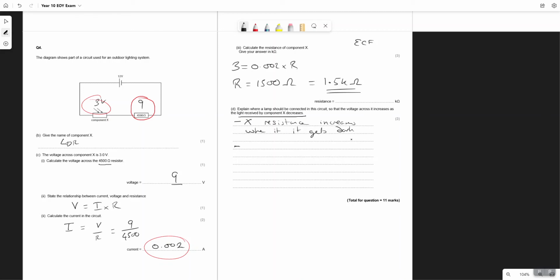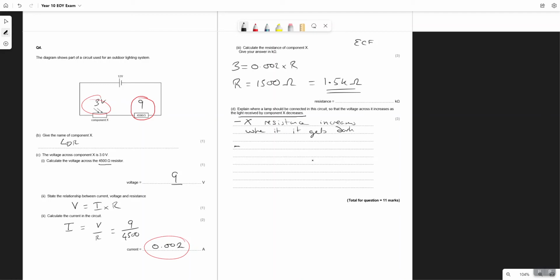So as X's resistance goes up, this number 1,500 is going to become higher. Let's say eventually it goes to 4,500. At that point, this voltage is going to split, and it'll be 6 and 6 when the 2 resistances are equal. If it goes higher, then this will start to get more.